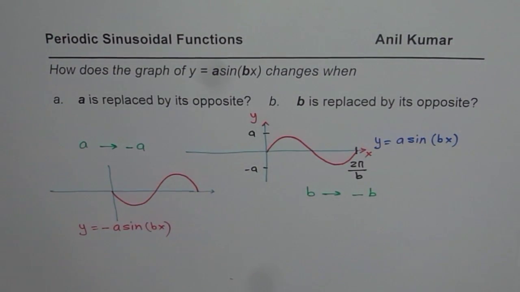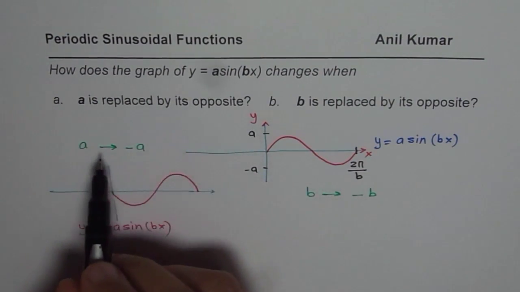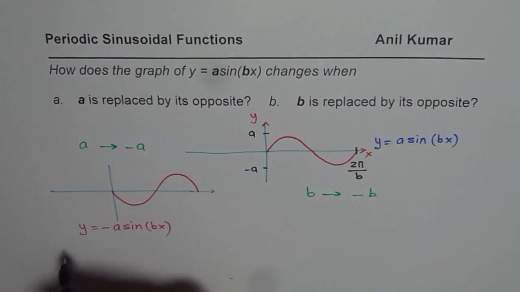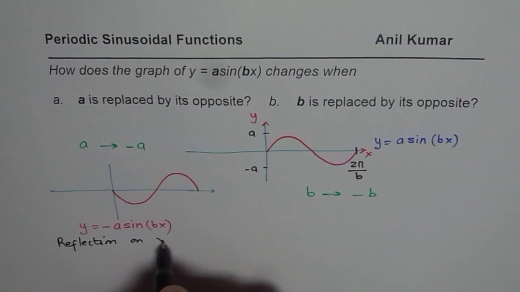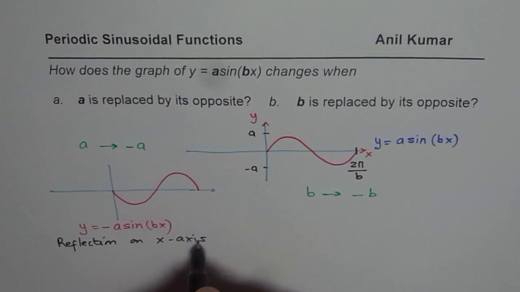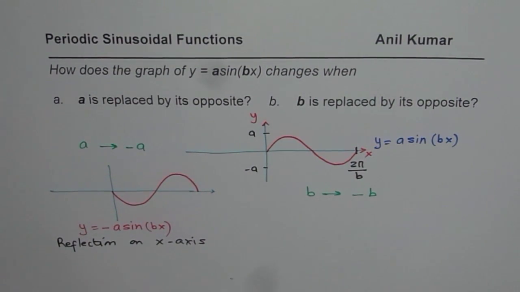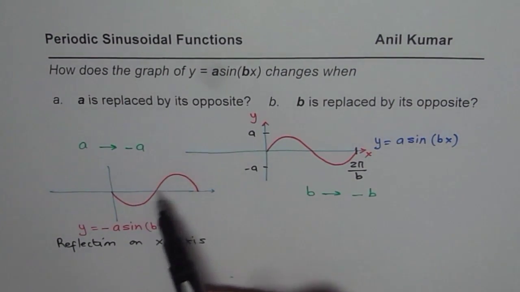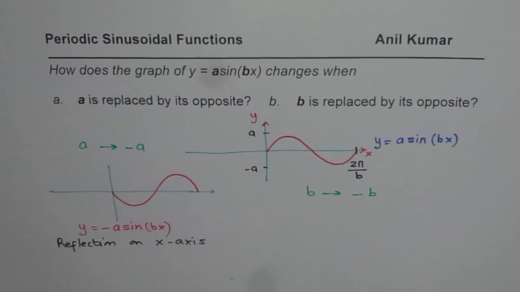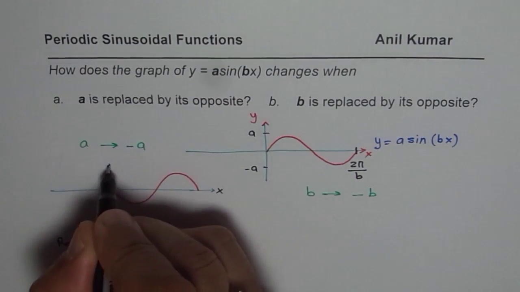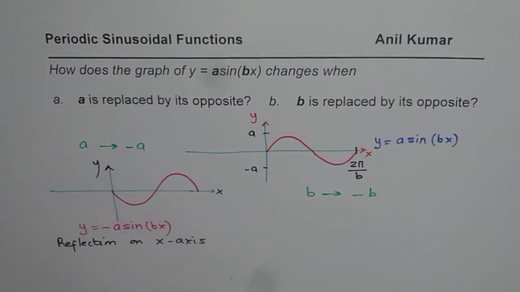So the effect of a being replaced by minus a is reflection on the x-axis. If originally the value was negative, it changes to the other position. So either way, the graph is reflected on the x-axis. That is the effect of minus a.